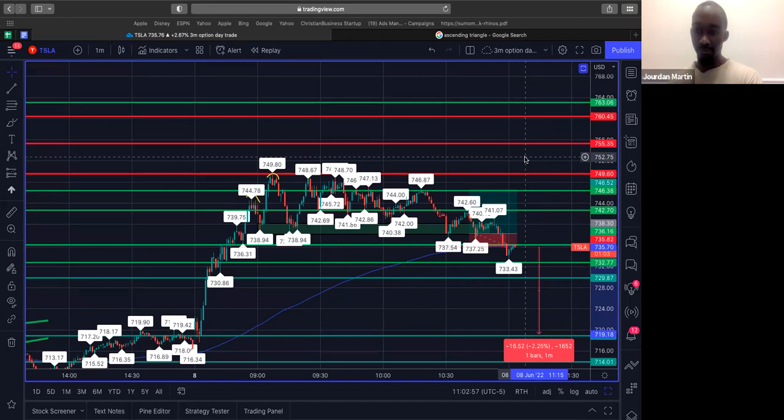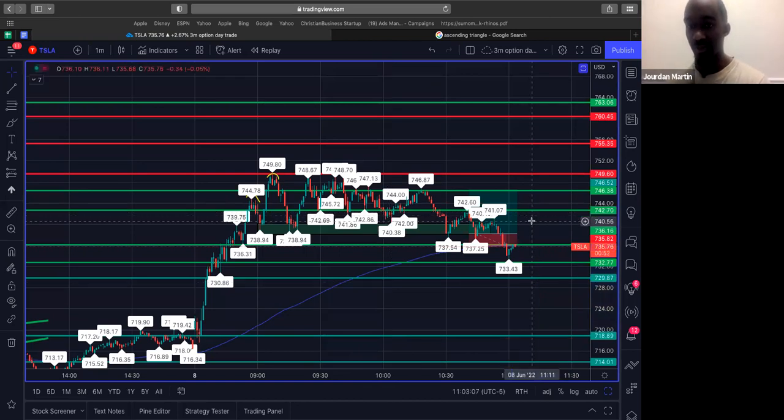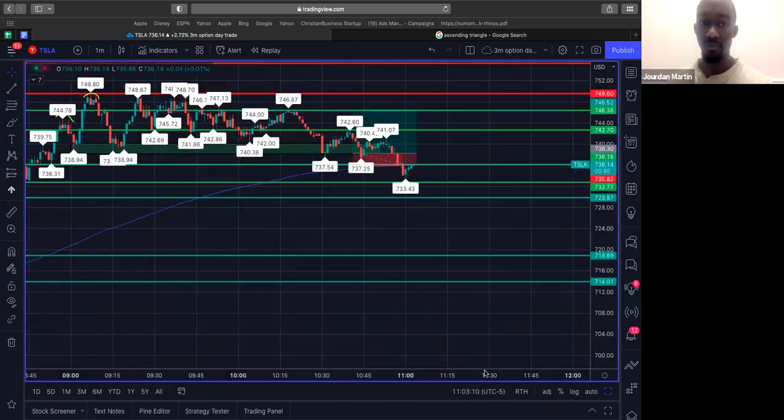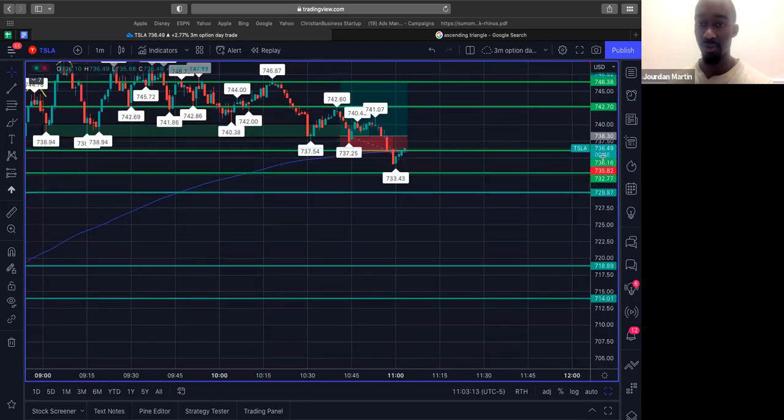If it does drop, hey, no cap. Could we be retesting support? That's just a straight drop. If we go back to retest it, there's nothing in between here. So Tesla right now, we're seeing it moving down.